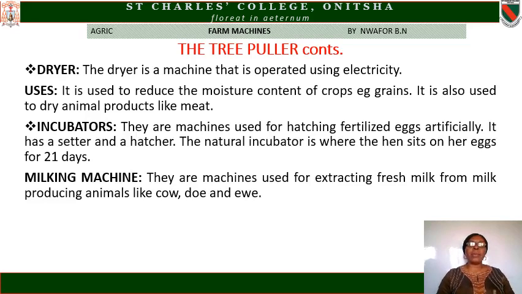These are the milk-producing animals. Manually, the milk can be extracted from these animals using hands. But with the advancements in technology, a machine was invented, and that is the milking machine.